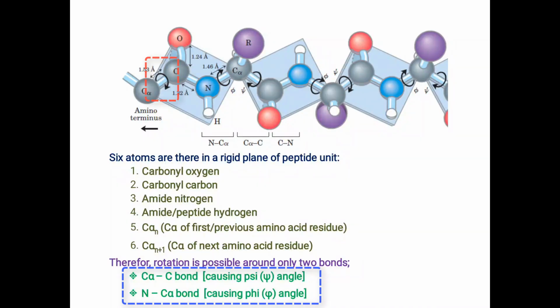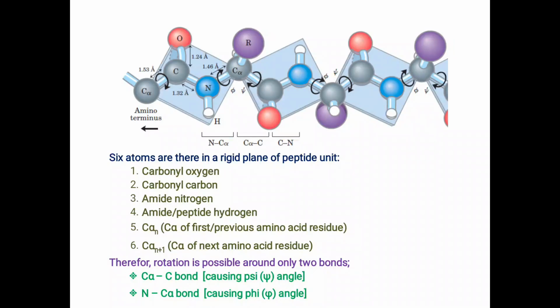Now, the next bond around which rotation is possible is the N to C alpha bond, causing the dihedral or torsion angle known as the phi angle. Okay. So, rotation is only possible around the C alpha C bond and the N to C alpha bond, and rotation is not allowed around the peptide bond.